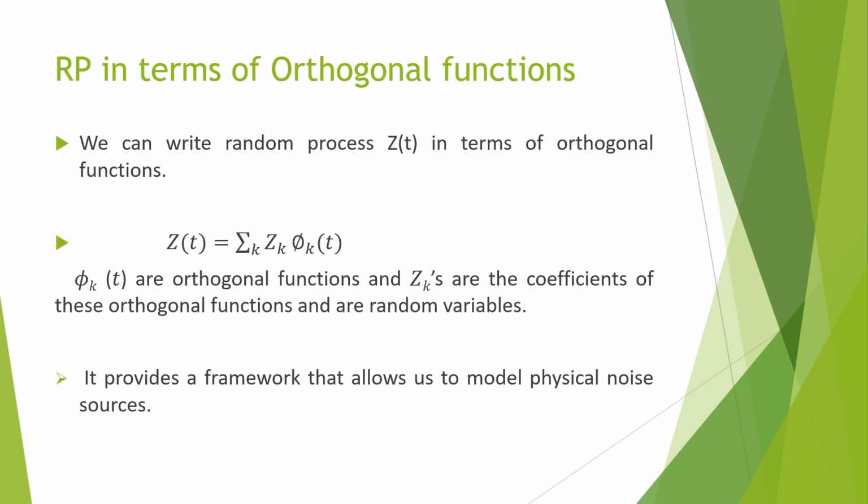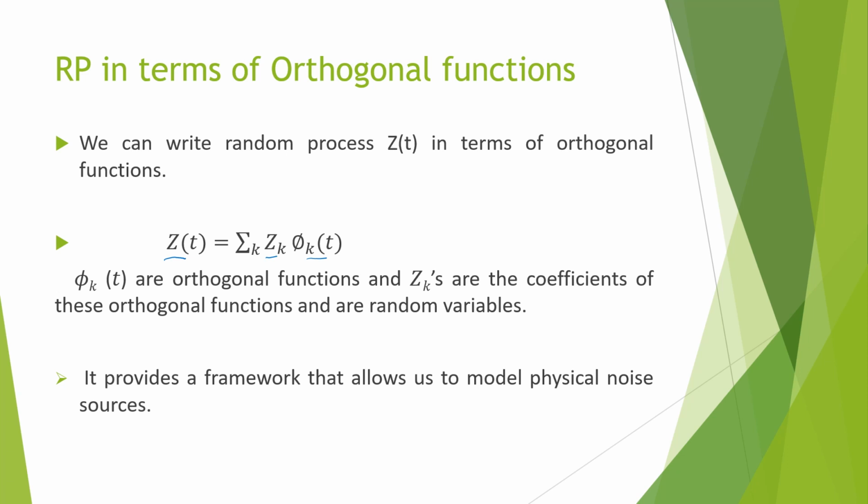We can write a random process in terms of orthogonal functions. Suppose we have time signals, finite energy signals, we can write them as the sum of product terms of coefficients and orthogonal functions. Like in Fourier series, we can represent any finite energy signal in terms of its coefficients and orthogonal functions. Similarly, we can represent a random process in terms of coefficients and orthogonal functions.